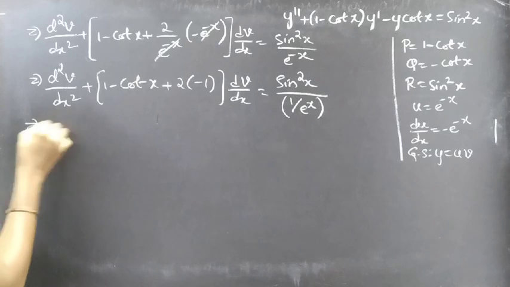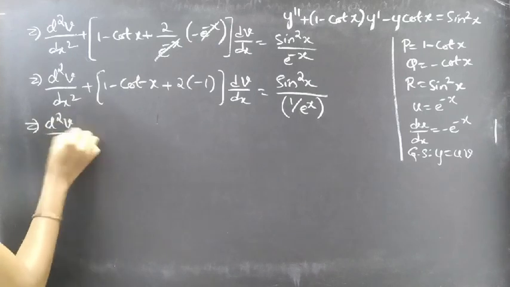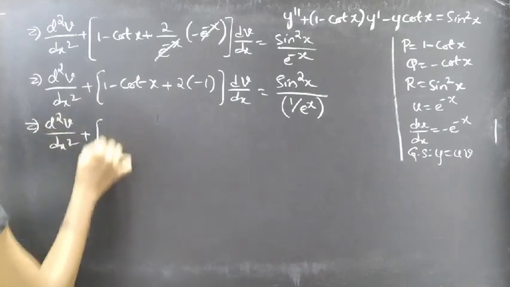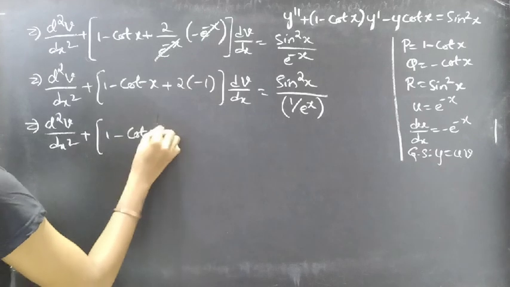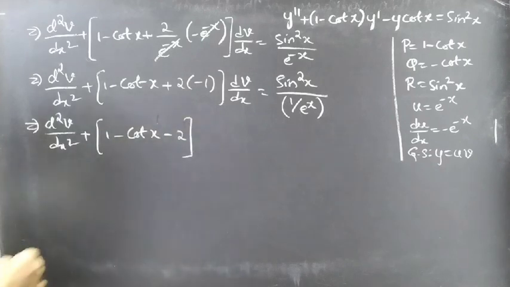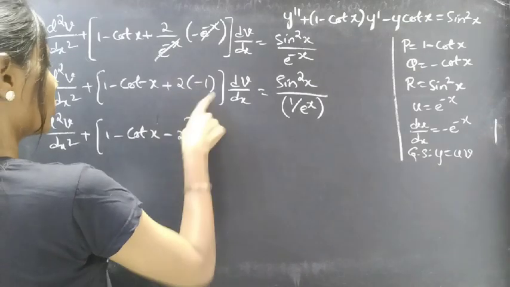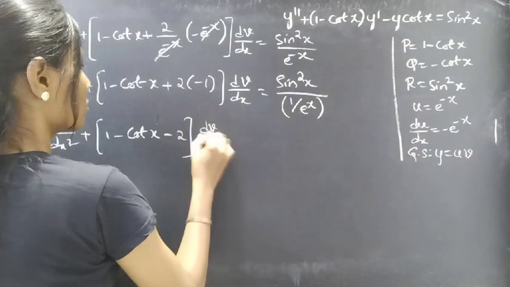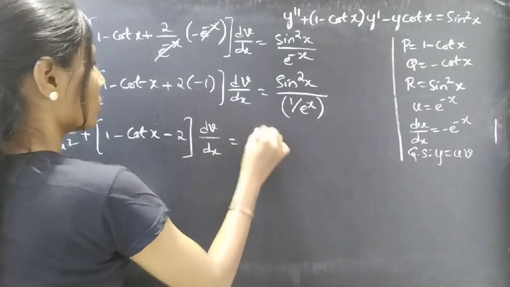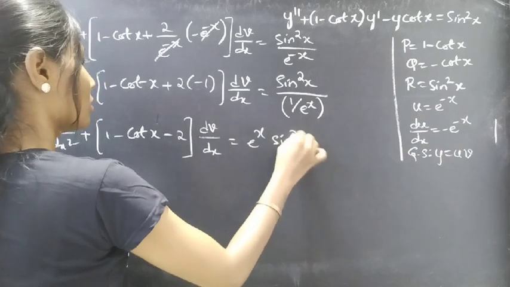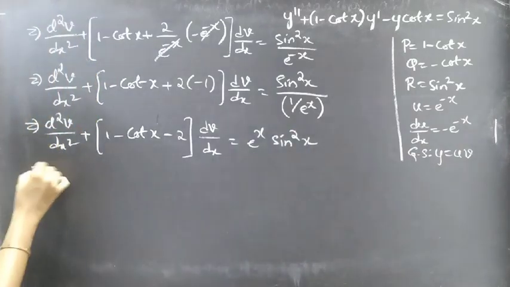This becomes d²v/dx² + (1 - cot x - 2) dv/dx = e^x sin²x.